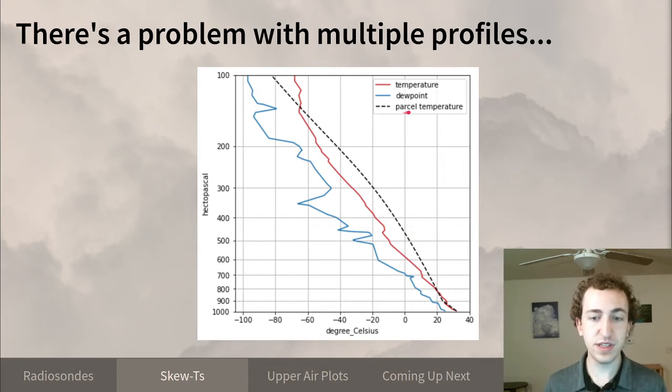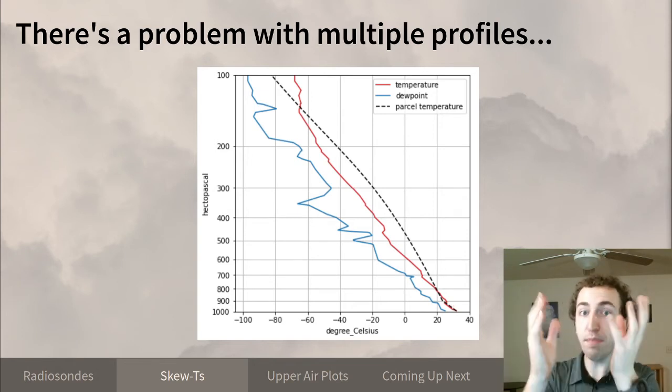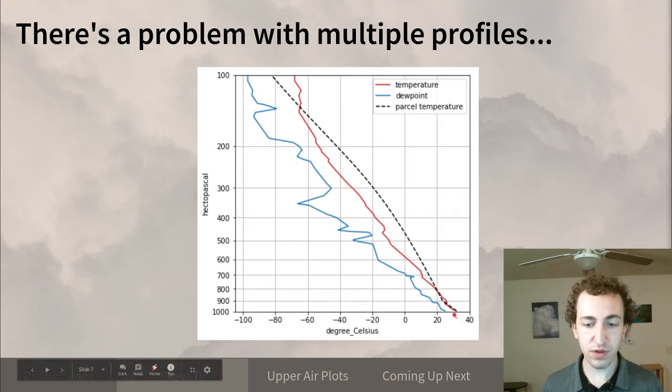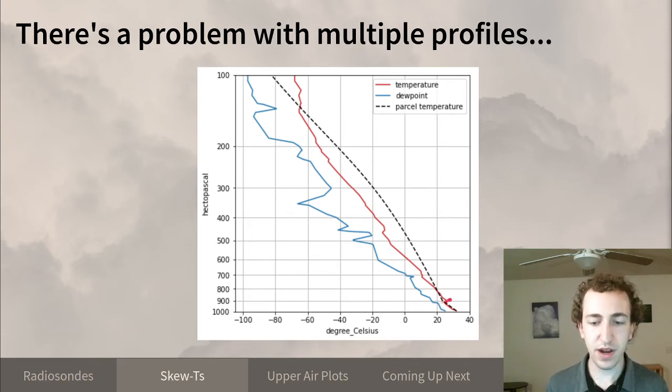For instance, this is a parcel of air that starts at the surface, and if we assume it doesn't exchange any heating or cooling with the environment, it just goes up from the surface. If we either force it or let it rise, it depends on whether it's positively or negatively buoyant.